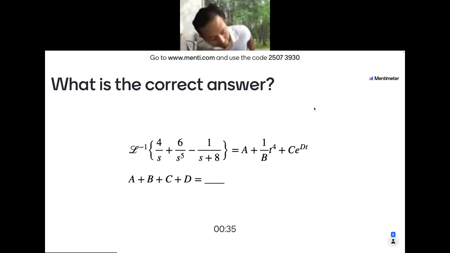Okay, how many times? 35. Just to check your skill on Laplace. Negative signs, I think, are important here.